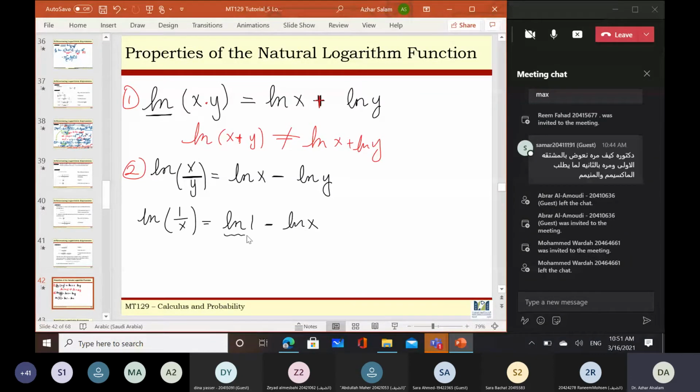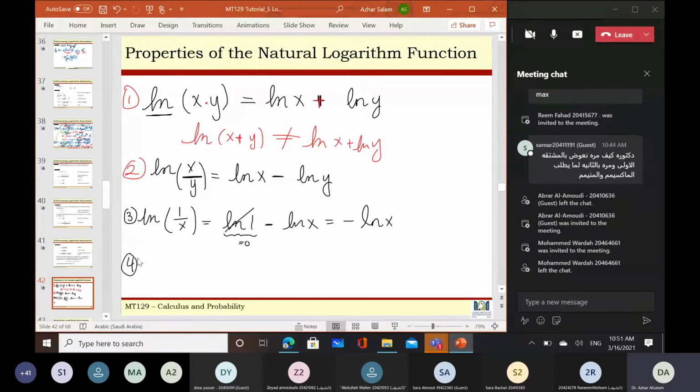But I know that ln 1 is actually equal to 0, so this is equal to minus ln x. This is a property, but it is a direct application or result from ln of x divided by y.